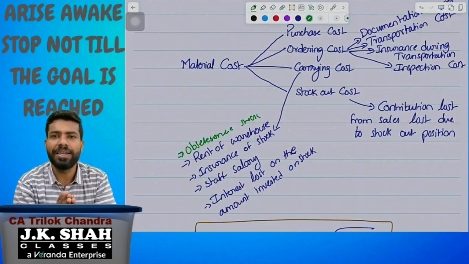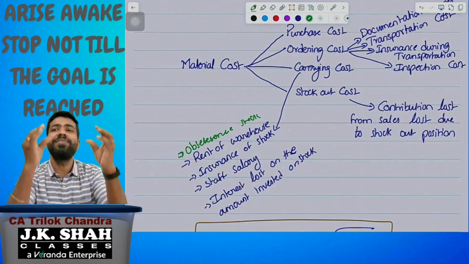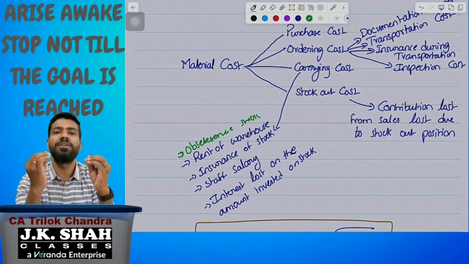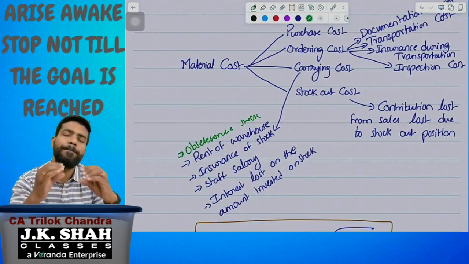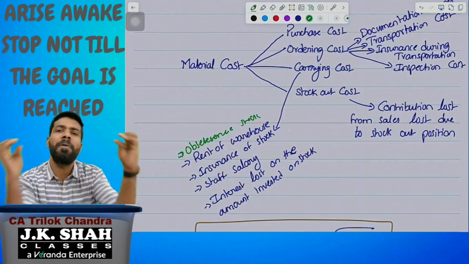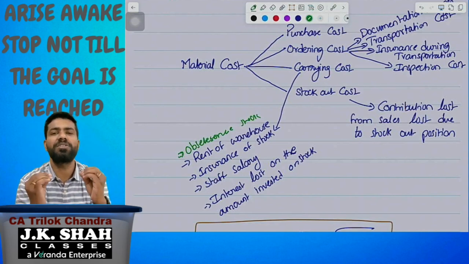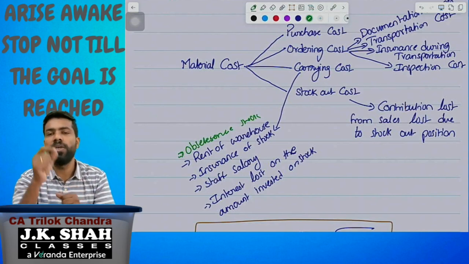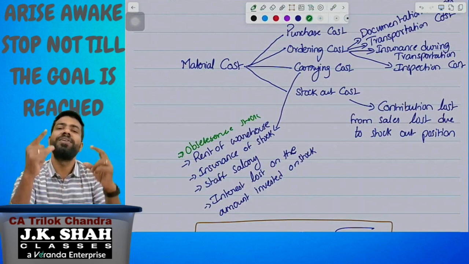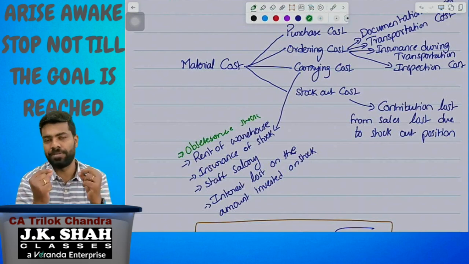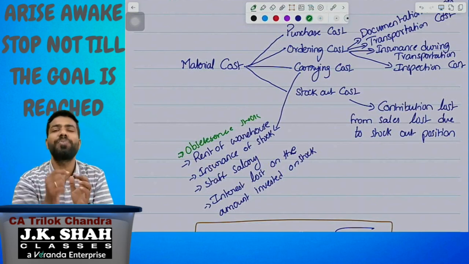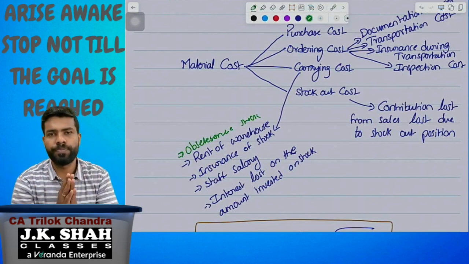Are you understanding? Now, the quantity which can minimize the cost, I can call it the optimum order quantity. The optimum order quantity which can minimize the cost is EOQ. EOQ is the ordering quantity which can make the cost least. The best quantity to place the order is EOQ.